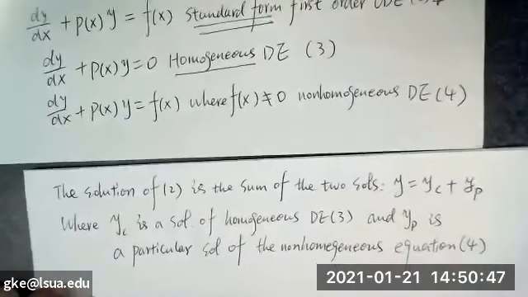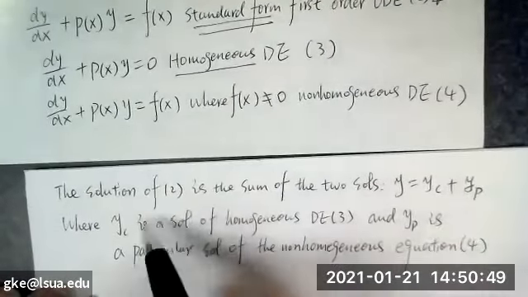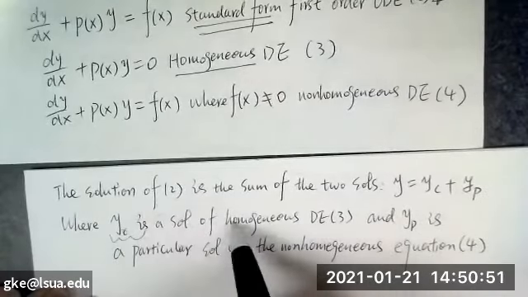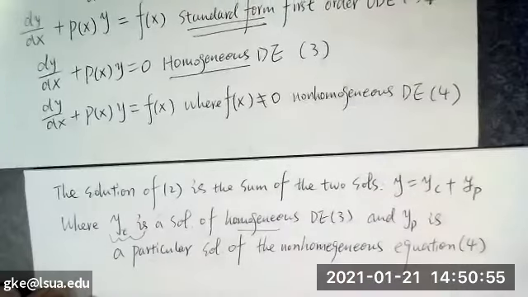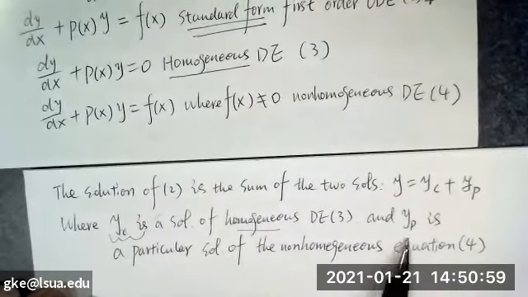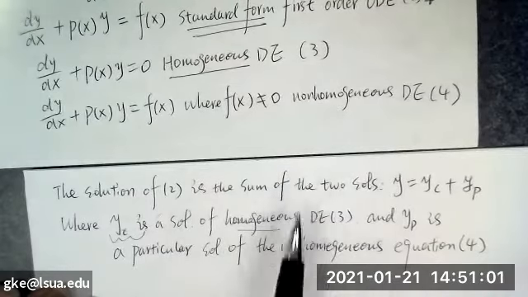So yc is the solution of the homogeneous ODE3, and yp is the particular solution.